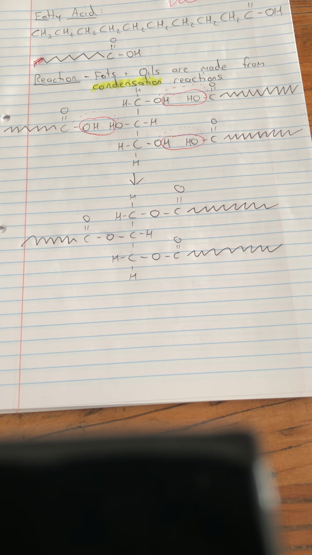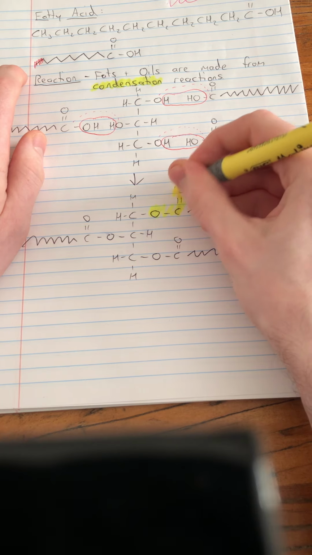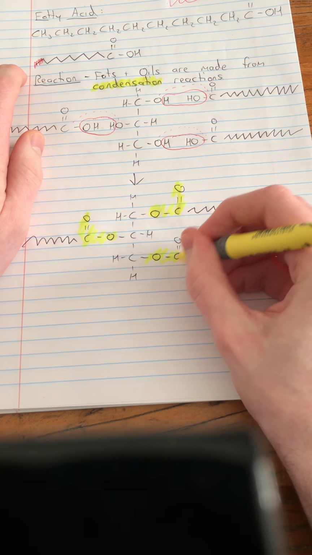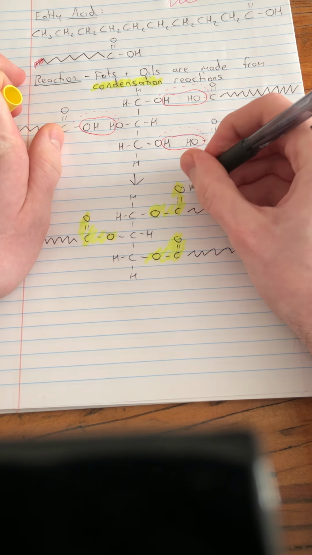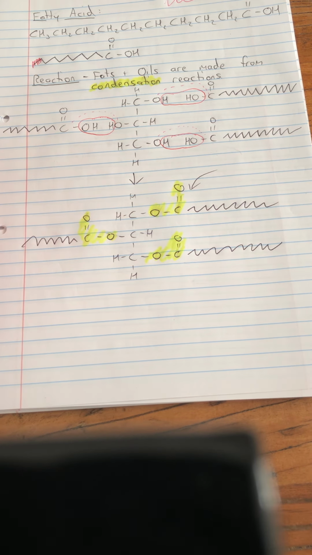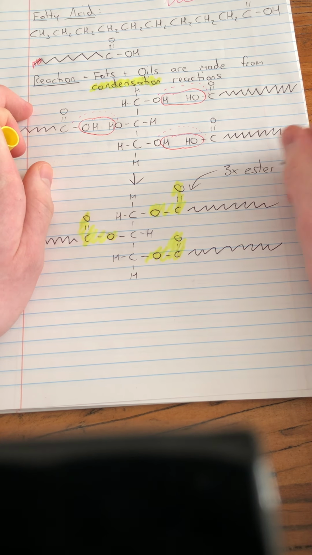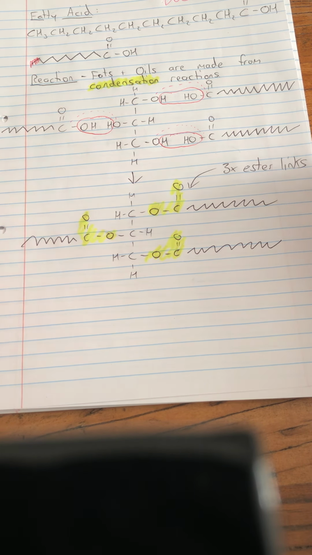Again, what you should notice, because we're making a fat and an oil, we've combined an alcohol and a carboxylic acid, we've made an ester, so what we've got is 3 ester links here, and that is why it's called a triglyceride, because we've got 3 ester links. And that's your fat and oil.